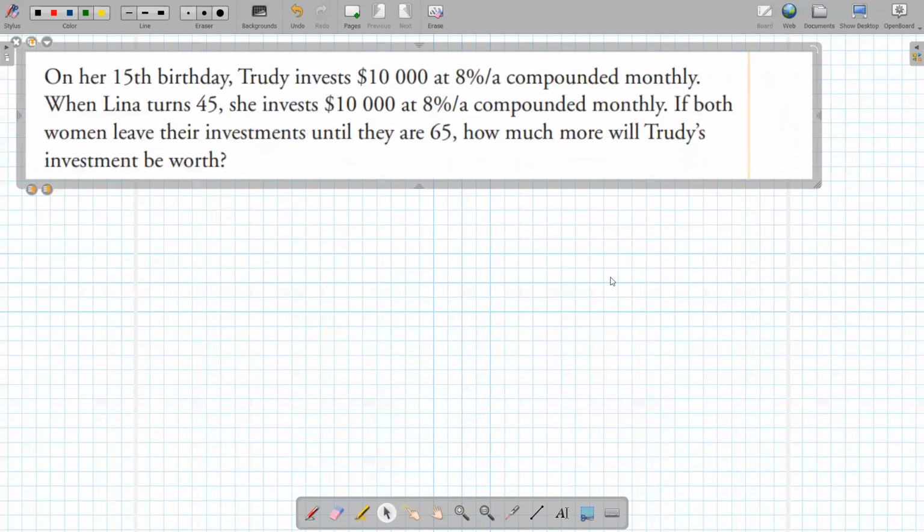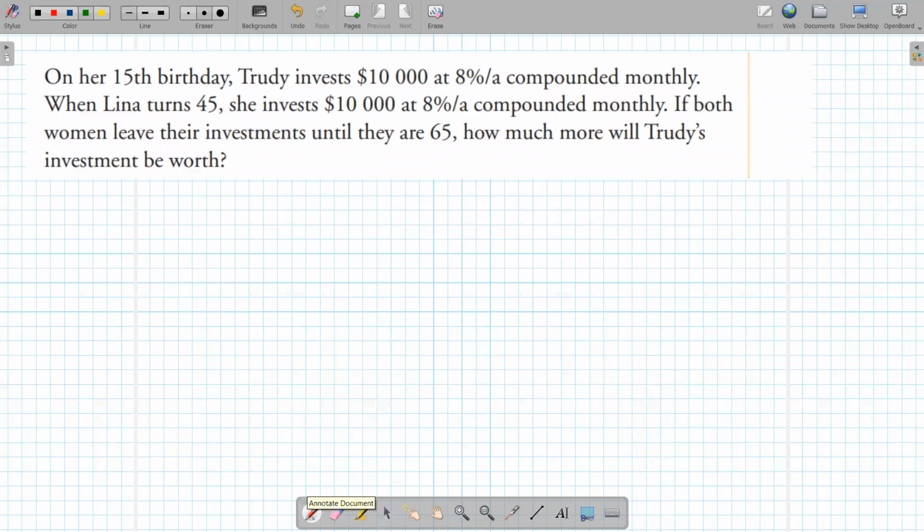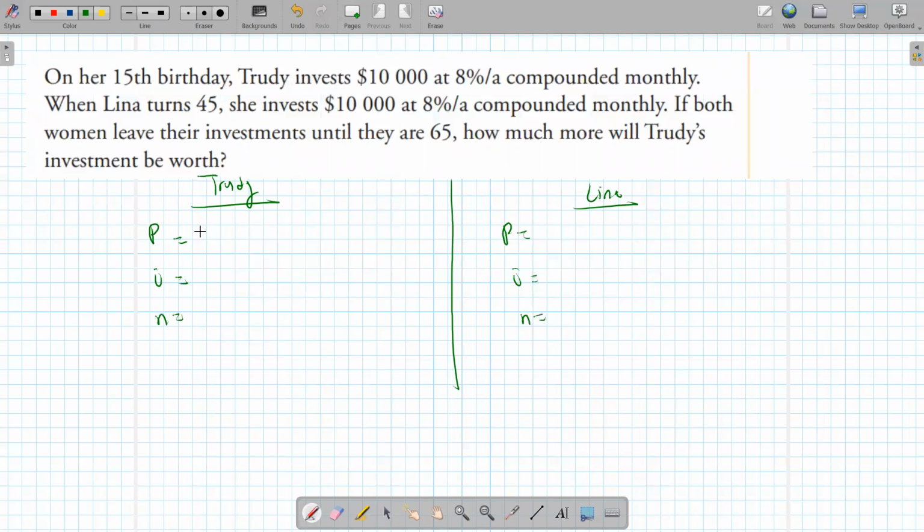On her 15th birthday, Trudy invests 10,000. So we have two different people here, Trudy and Lena. What do we know for Trudy? What's the P? 10,000. What's the I? 0.08.